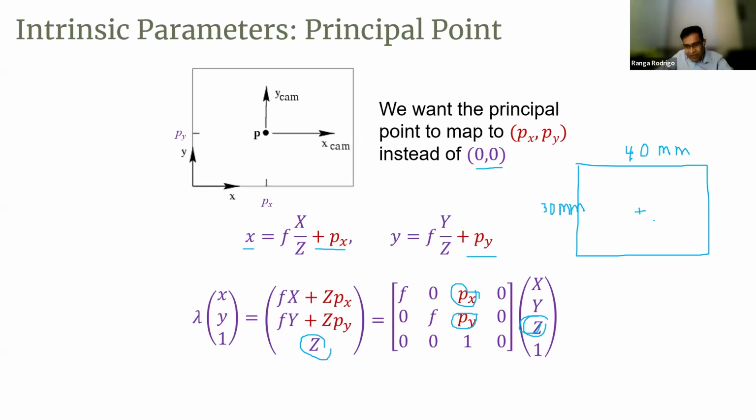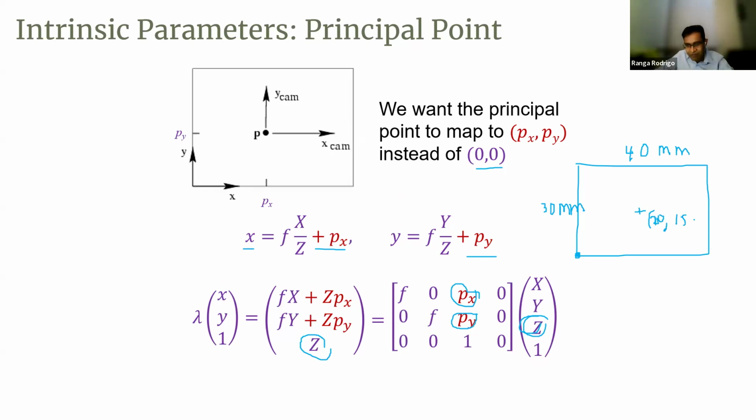So therefore, the coordinates here, if the origin is here, what will they be? First coordinate is the horizontal coordinate in this formulation. 20 millimeters, comma, 15 millimeters, right?